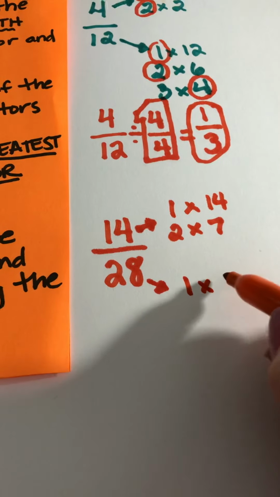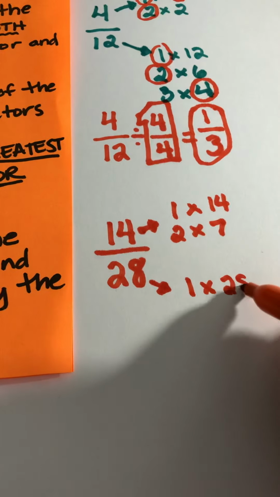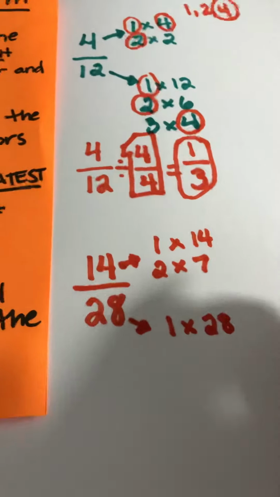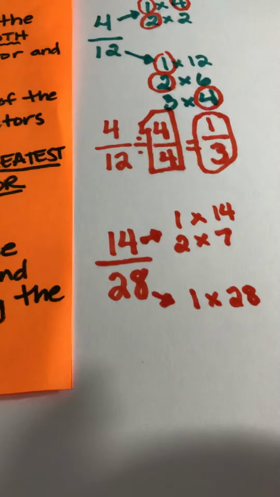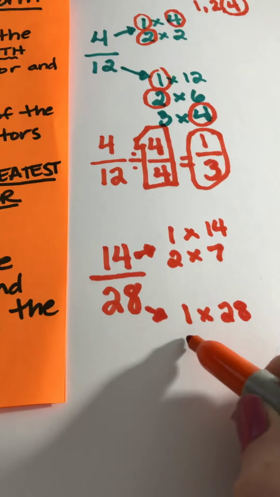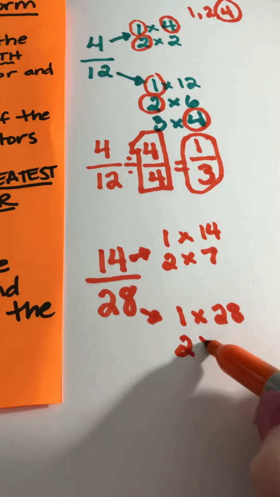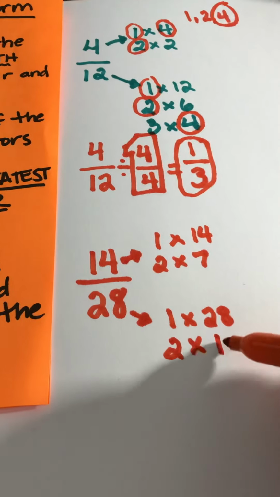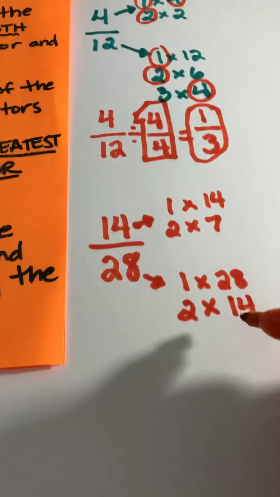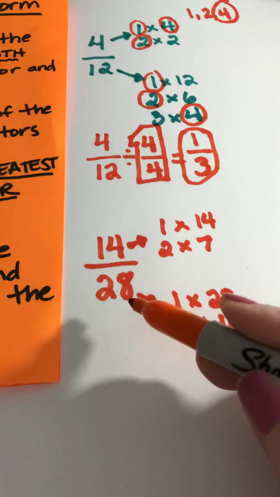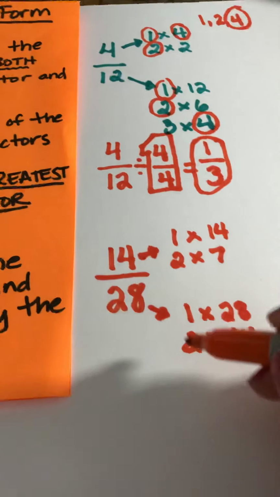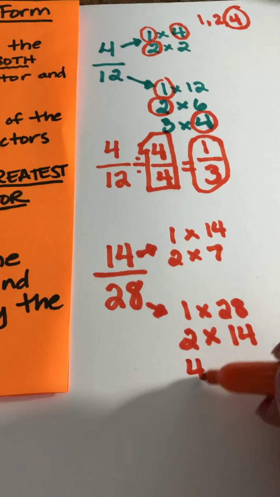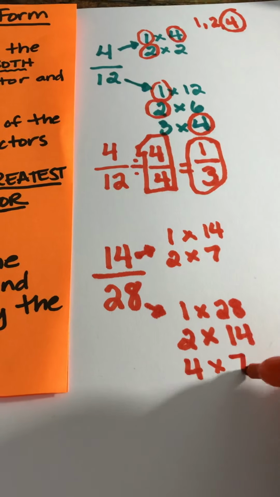We have 1 times. Always start with your 1 because you know that even a prime number can do 1 times the number itself. Can I do 2 times something? 2 times, it's kind of a big number, but I can do 2 times 14. And I happen to know that 28 is also 4 times 7.